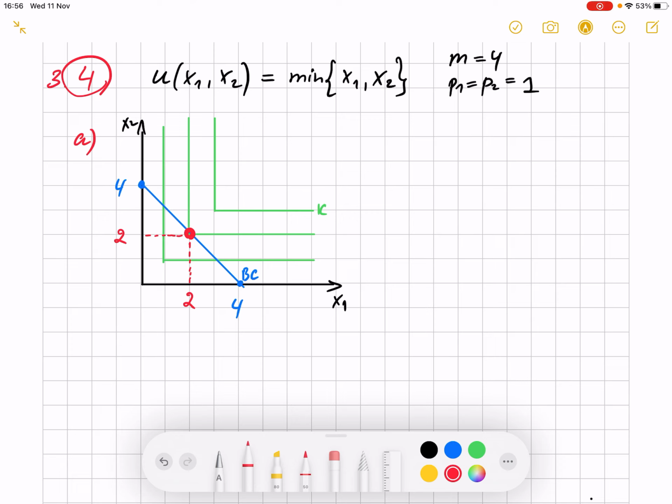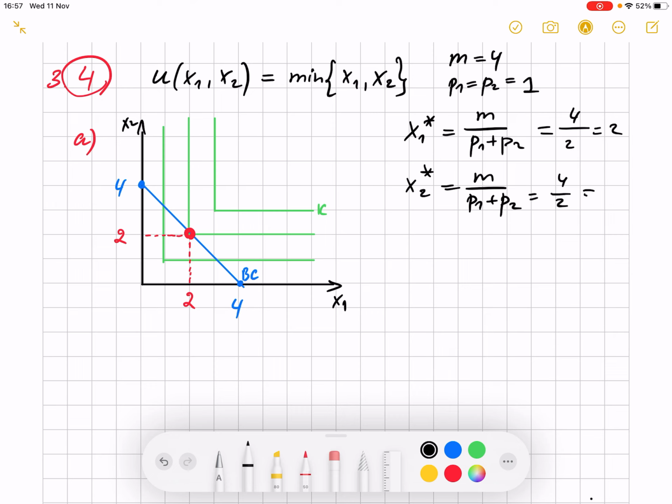Okay, and actually you could also figure it out easily if you remember what the standard form of the demand function is if we have perfect complements. And if you just substitute numbers, you will get that it's 2 and 2.